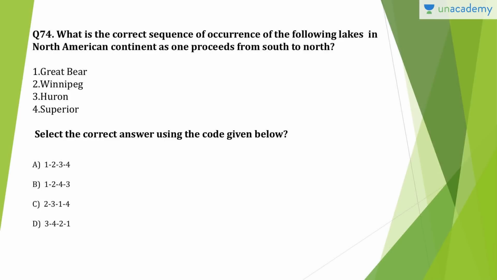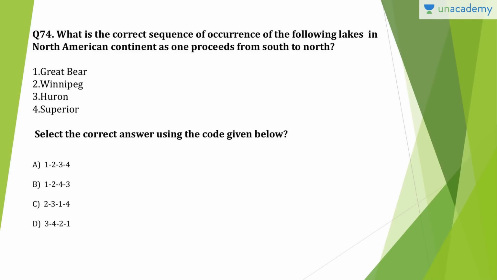What is the correct sequence of occurrence of the following lakes in the North American continent as one proceeds from south to north? So south to north, Lake Huron is the southernmost, then you have Superior, then Winnipeg, and then Great Bear. So answer here is 3, 4, 2, 1.